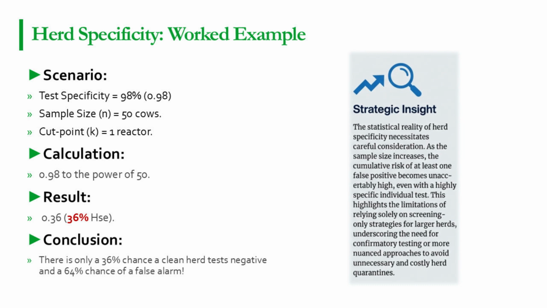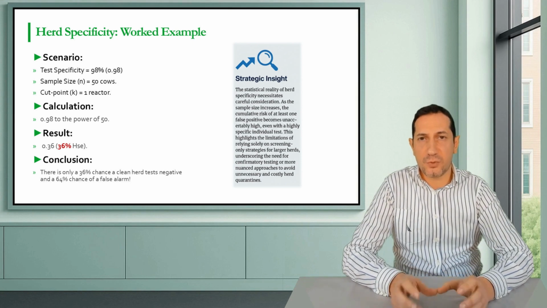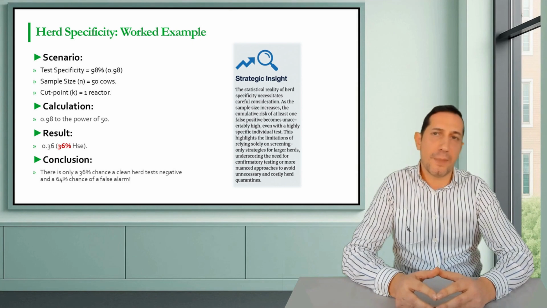There is a 64% chance that we will find at least one false positive reactor and wrongly quarantine the farm. This explains why we see so many spurious outbreaks when we conduct massive surveillance campaigns using imperfect tests.